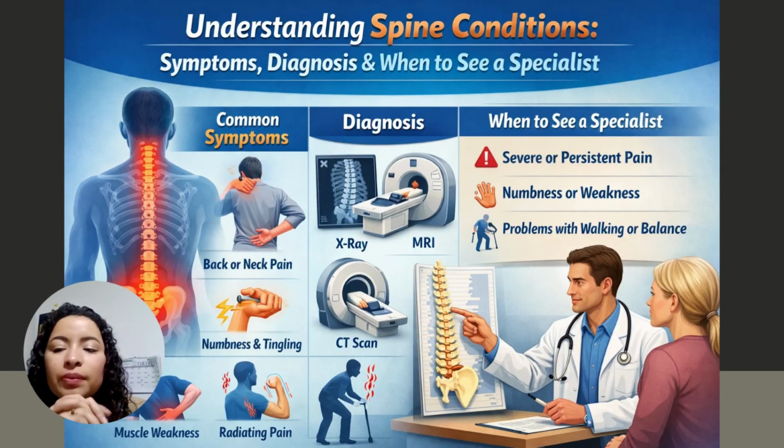Other protective measures include bending your knees and keeping your back straight when lifting items, maintaining a healthy weight, and using good posture, sitting up straight, not slouching. Talk to a healthcare provider about how you can keep your spine and other bones healthy.